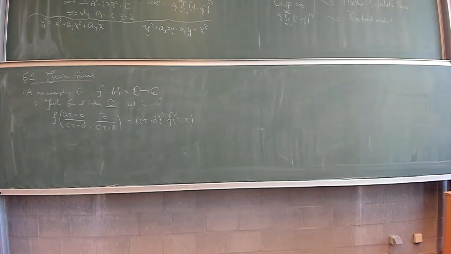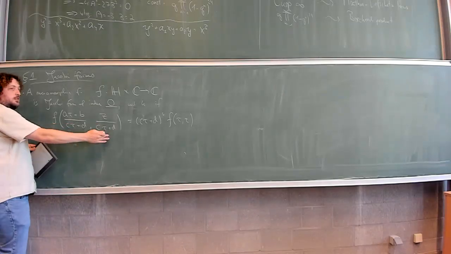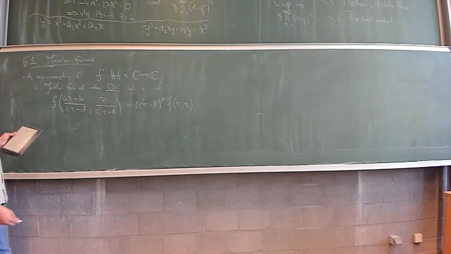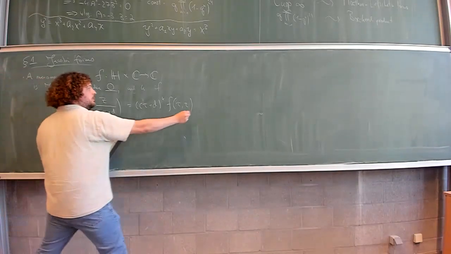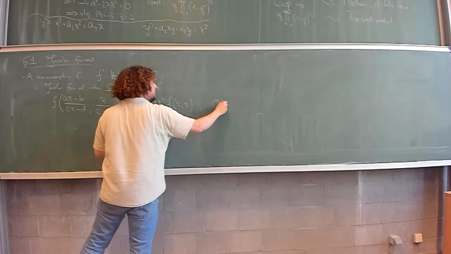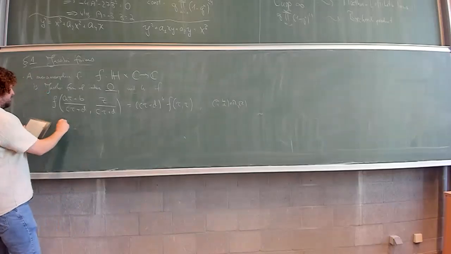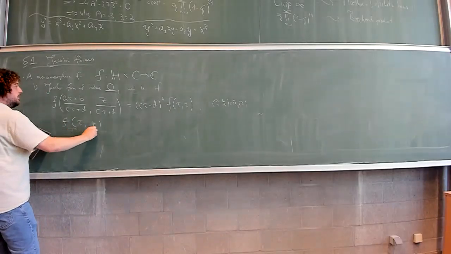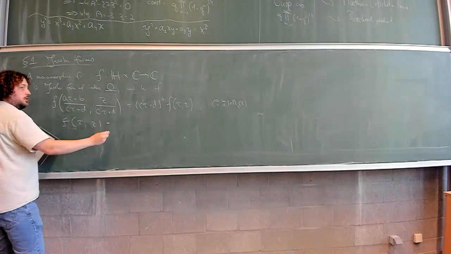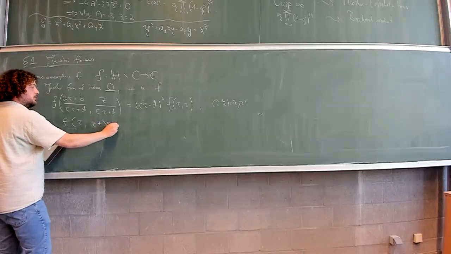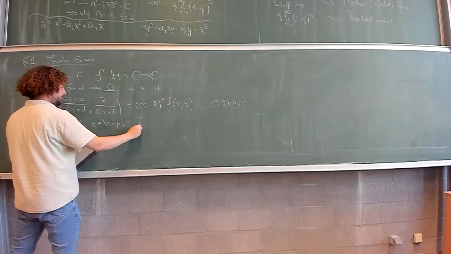So with respect to the variable tau, it's almost modular, except it has this additional cocycle in the z variable. That's for (a, b, c, d) in SL2(Z). And for fixed tau, it's going to be periodic with respect to the lattice described by tau.